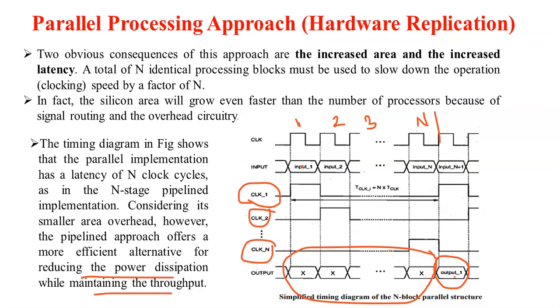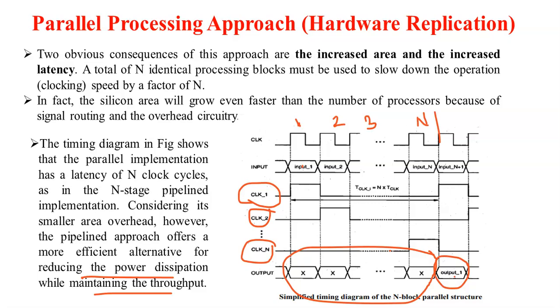So where we are not able to utilize the pipelining method, at that place we have to utilize parallel processing, because both methods face the same difficulty, that means the latency of the parallel processing as well as the pipelining is n clock cycles.